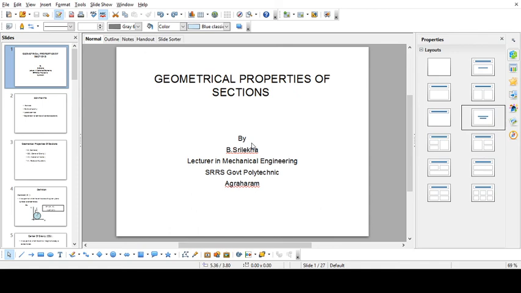If the object is suspended from another point, the center of gravity will again lie on a vertical line. The point of intersection of these two lines will give the location of the center of gravity. So to find the center of gravity of any body, simply take the point of intersection of the lines suspended from the x-axis and from the y-axis.